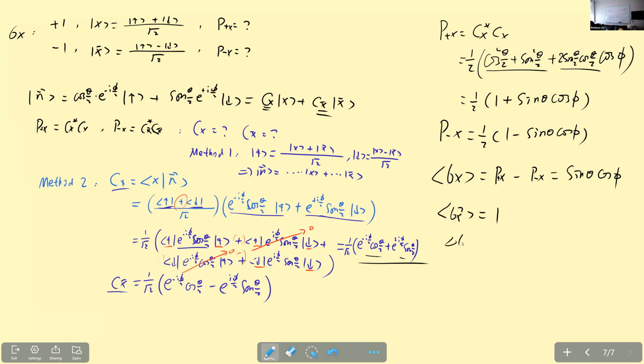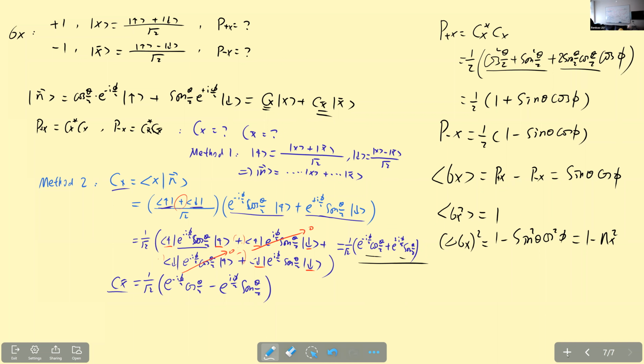And the variance is just the difference, 1 minus sine squared theta cosine squared phi. So that is actually 1 minus mx squared, right? So the x component of this Bloch vector squared, okay? Right, so we obtain the results for this sigma x.